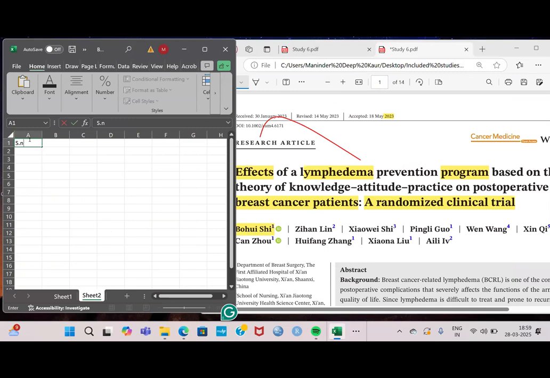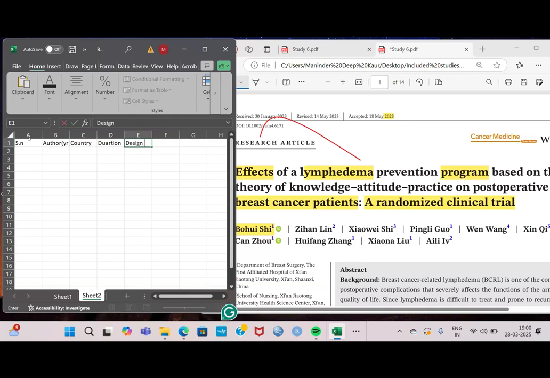So serial number, author, year. Next, we will have the country name. Same format we are following. Then the duration of the study. Next, we will look for the design.